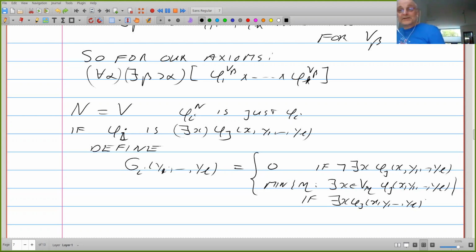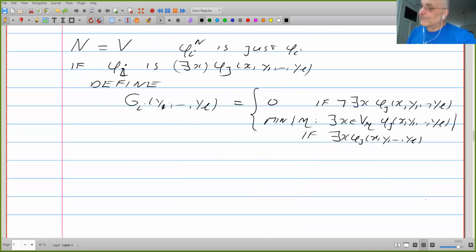If there is an x, then we take the first eta such that there is an x in V eta with this property. We don't choose the x, we only choose the rank of some potential x, and we don't need the axiom of choice here, so to speak.